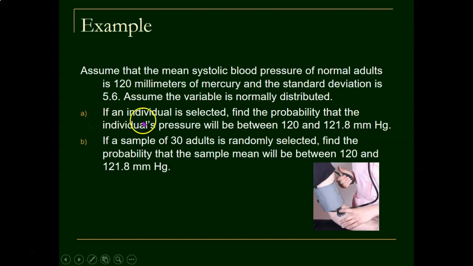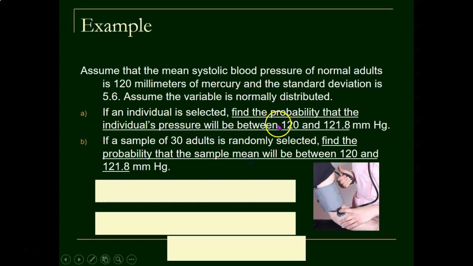In part A, it says, if an individual is selected, find the probability that the individual's blood pressure will be between 120 and 121.8 millimeters of mercury. And then in part B, if a sample of 30 adults is randomly selected, find the probability that the sample mean for that group of 30 will be between 120 and 121.8 millimeters of mercury.